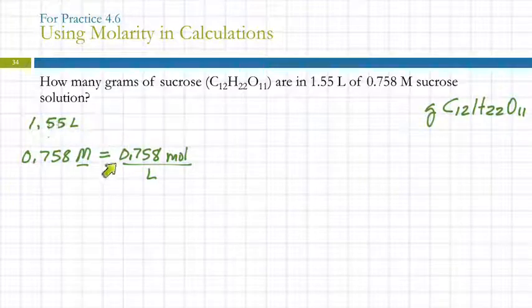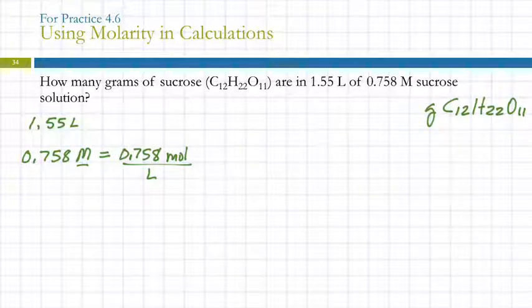So I'm going to start with one of these numbers, and I'm going to convert to grams eventually. Well, this one could be used as a conversion factor. This one, come on pointer, this one cannot. So let's try starting with the liters and make use of this as a conversion factor. So this would allow me to convert my liters to moles.